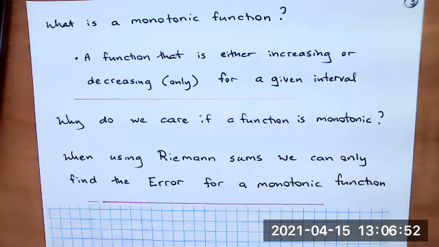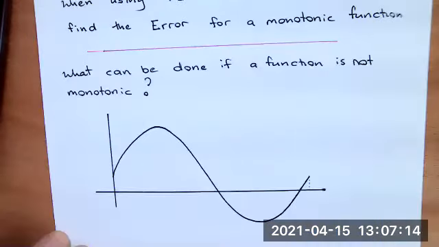So what are we going to do if the function is not monotonic? If we want to find a Riemann sum and know our error using this function, is there a way we could make it monotonic?